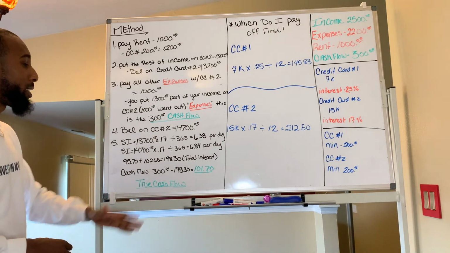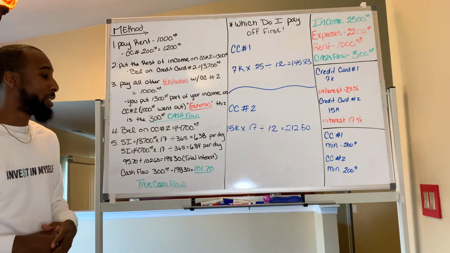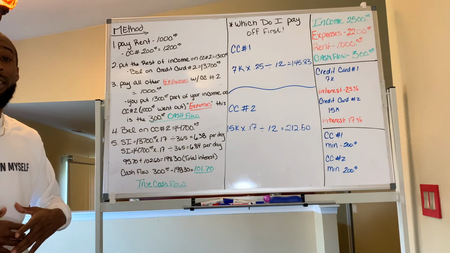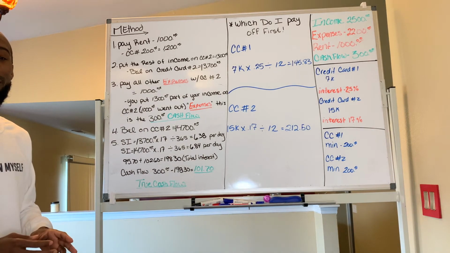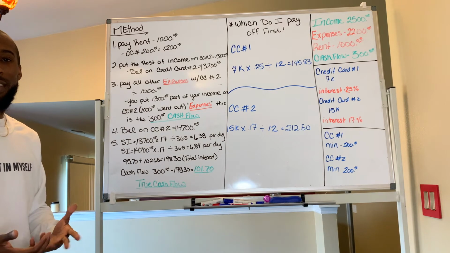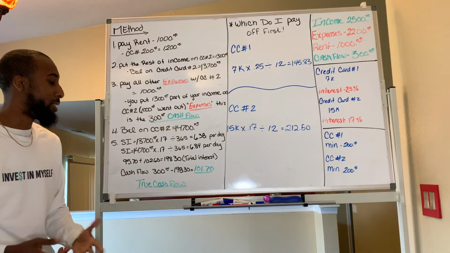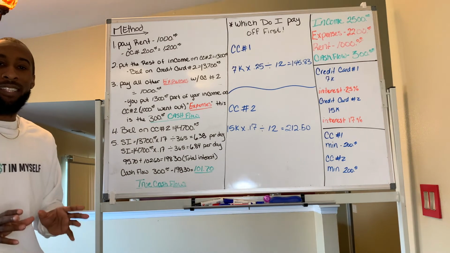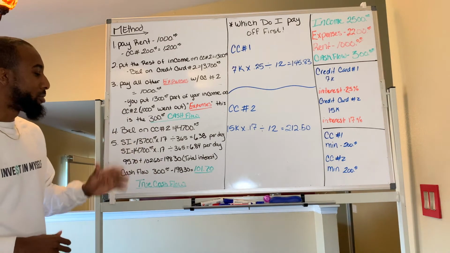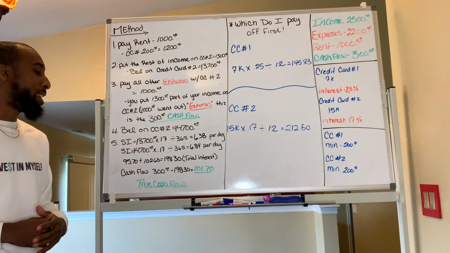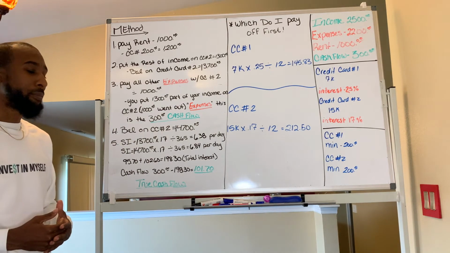Now we're going to take the $6.84 as if the debt balance was the $14,700, times that by the other 15, the other half of the month, and we're going to get $102.60. We add that together, the total interest is $198.30.